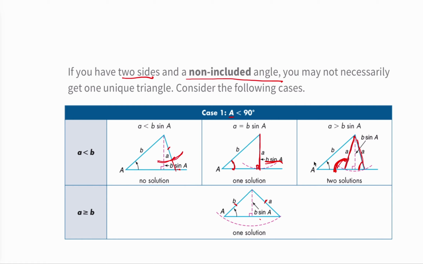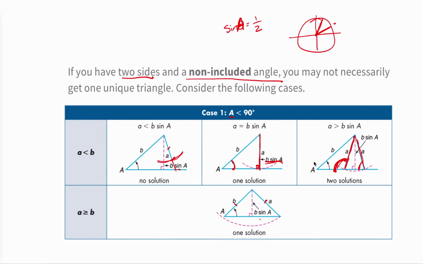And the reason that happens, right, if we sketch out our unit circle here: if I do my law of sines and I get sine A equal to 1/2, well, where on my unit circle is sine equal to 1/2?